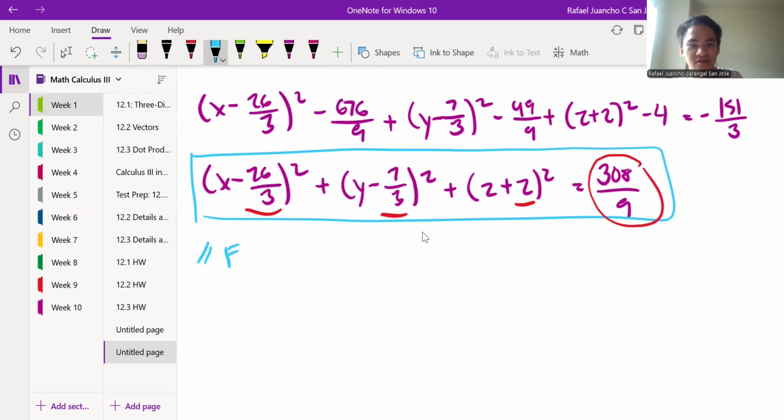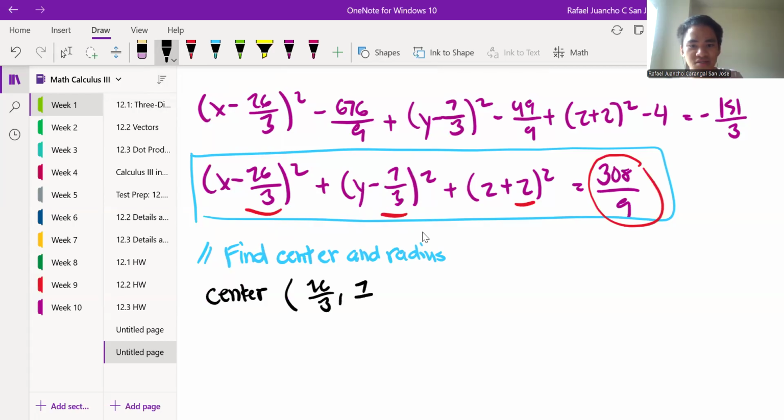So if we were to find the center and radius of the sphere, for the center we have 26 over 3 for our x, 7 over 3 for our y, and -2 for our z. And this makes total sense.